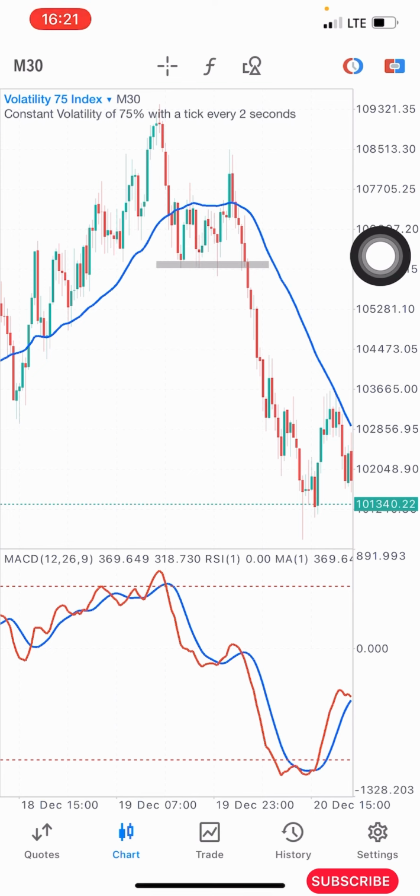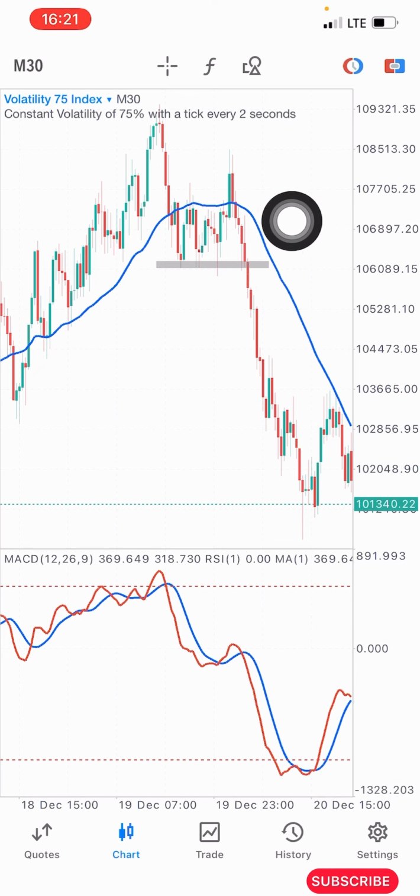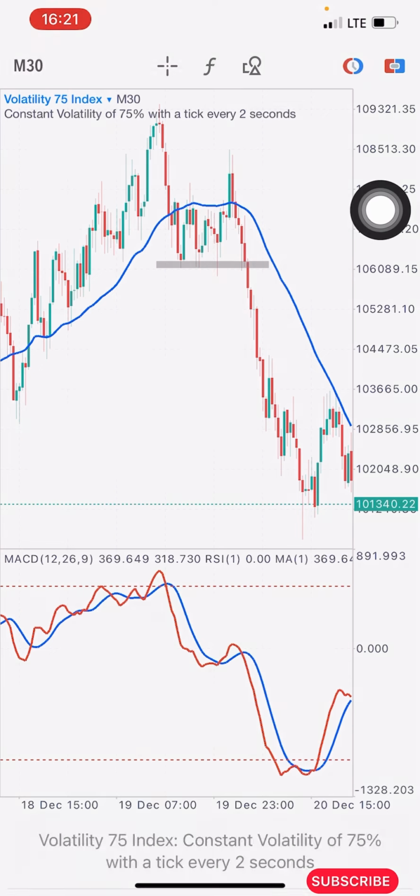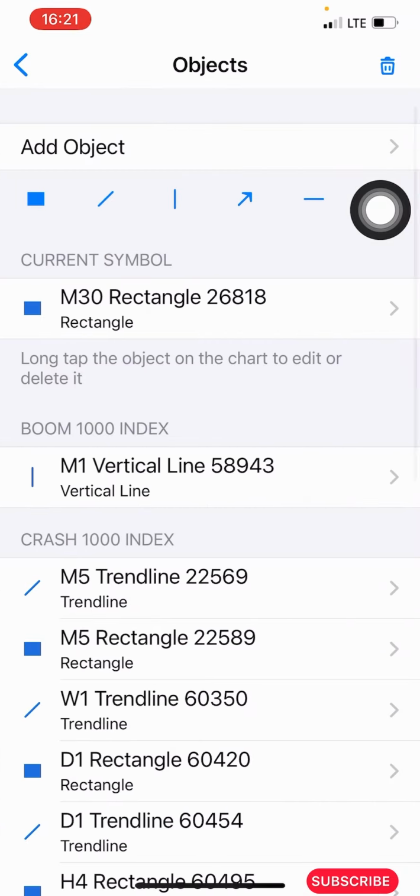Now you are going to be waiting for price to come back down, right, break and close below this area I just marked. All right, so once price breaks and closes, this is the area where it breaks and closes below that area.